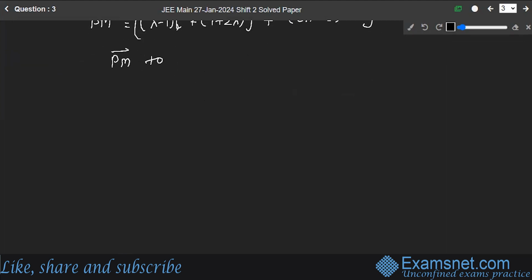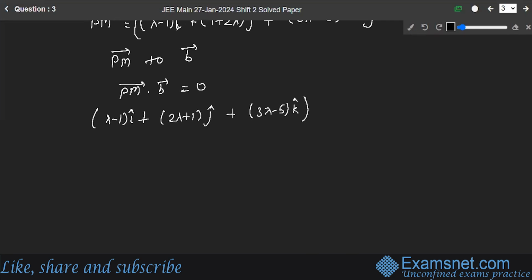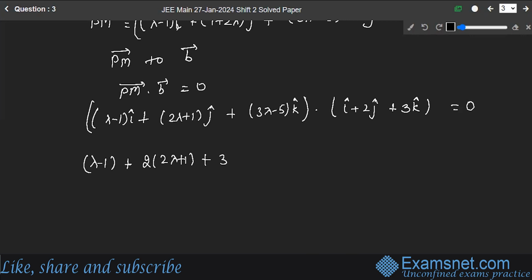Now PM is perpendicular to the b vector. So that means their dot product will be equal to 0 because cos 90 is equal to 0. So you have PM as (lambda - 1) i cap + (2 lambda + 1) j cap + (3 lambda - 5) k cap. The dot product of this with the vector i + 2j + 3k is equal to 0. Let's find out the dot product. This will be (lambda - 1) + 2(2 lambda + 1) + 3(3 lambda - 5) = 0.